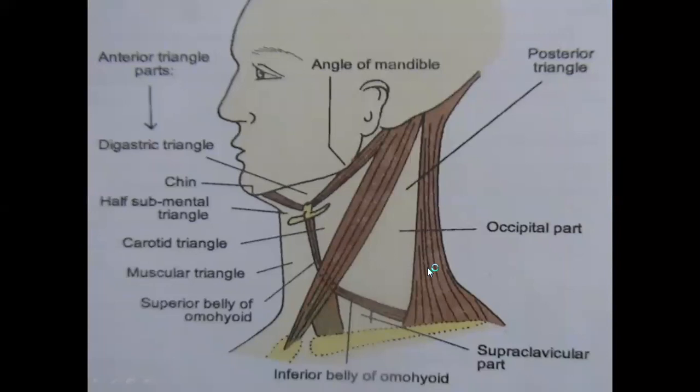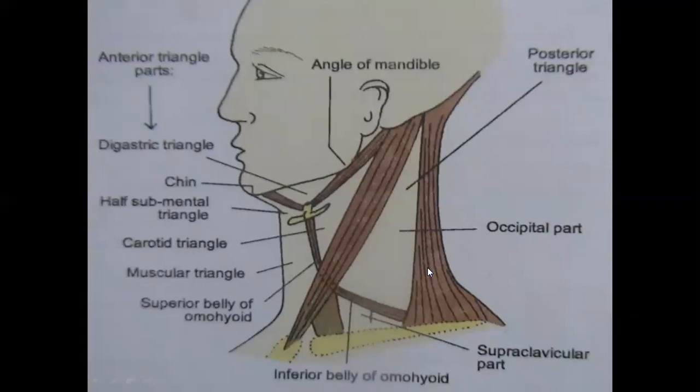Those are the submental triangle, the muscular triangle, the digastric triangle, and the carotid triangle. Out of these, digastric and carotid triangles are major questions, and submental and muscular triangles are short note questions.